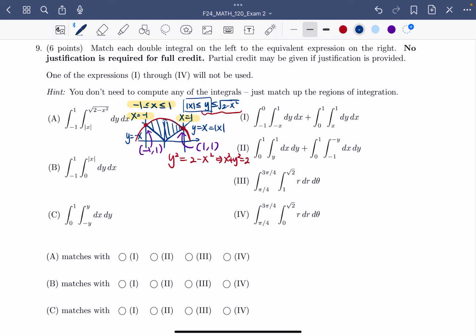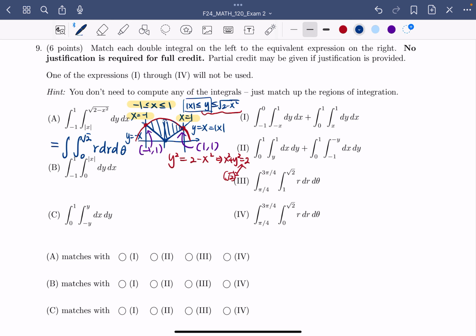So this integral equals, if we write everything in polar coordinates, then we have to determine r is from 0 to square root of 2, because the equation right here indicates the radius for the circle is square root of 2.